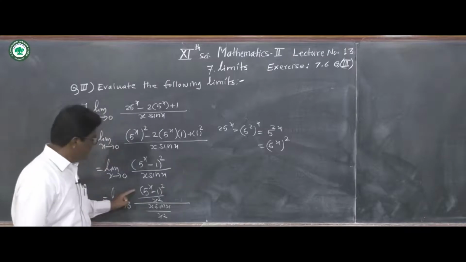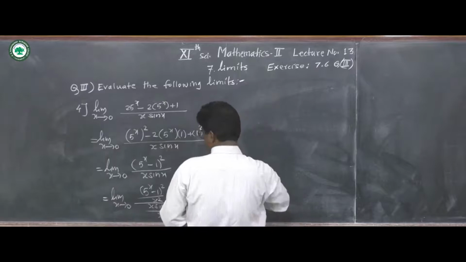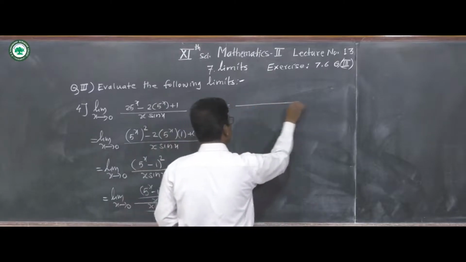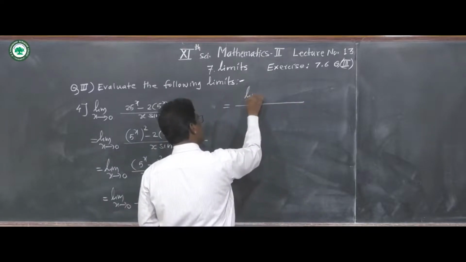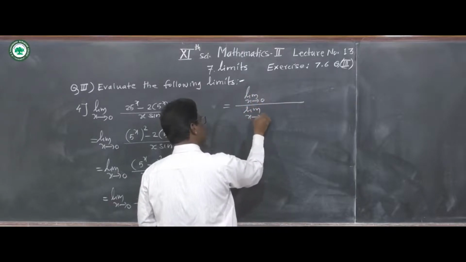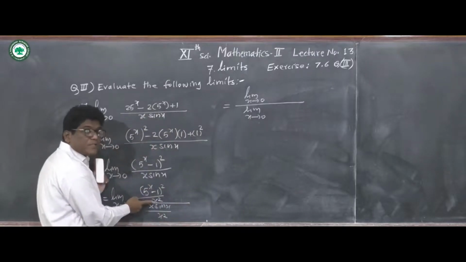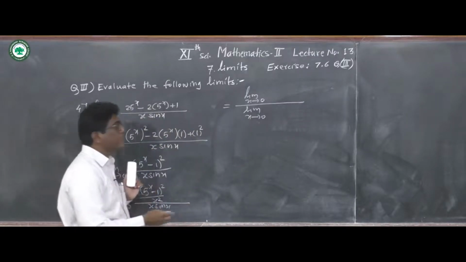Now separate the limit into numerator and denominator, limit as x tends to 0 in each. Numerator square upon denominator square, we write as (numerator upon denominator) bracket square.